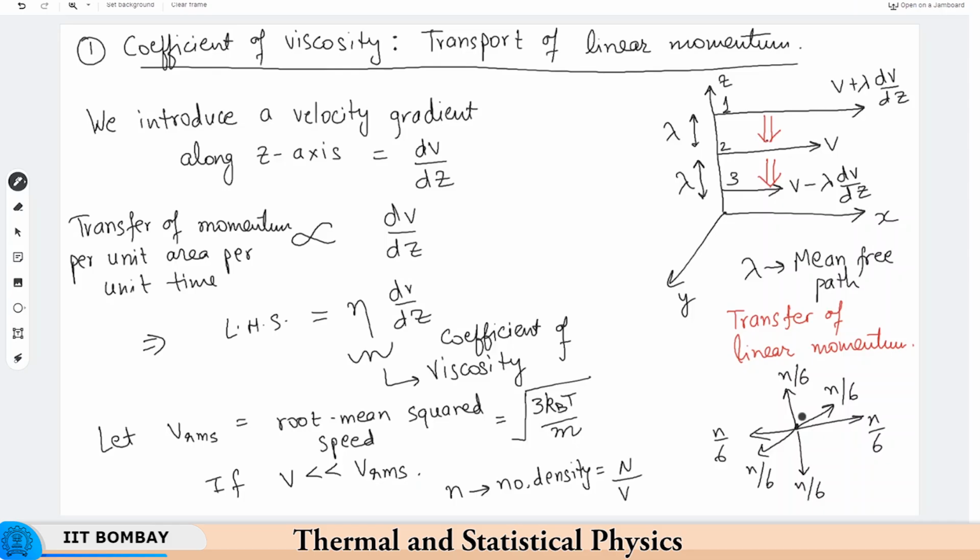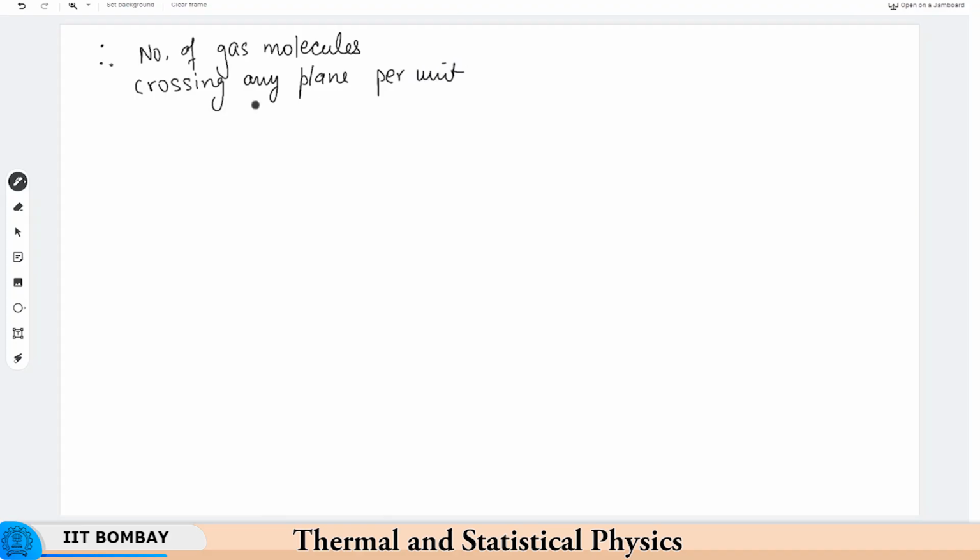Okay. So therefore, what will be the number of gas molecules crossing any plane per unit area per unit time?